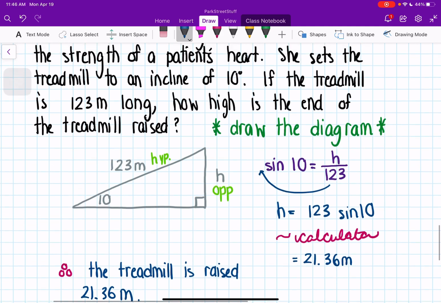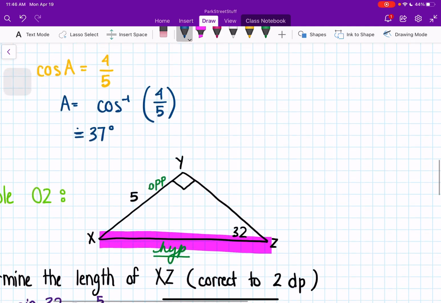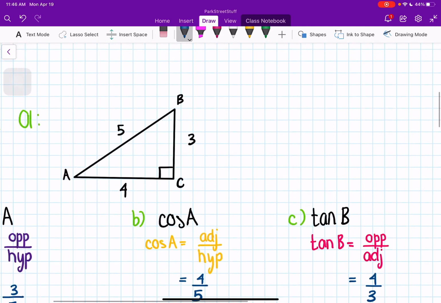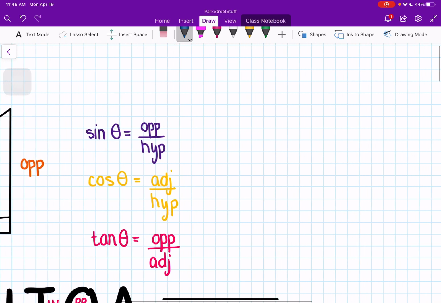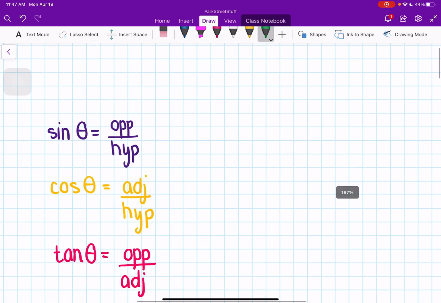So before I let you go, I actually want to take you back up here to our trig ratios. And I want to just show you what we call the reciprocal ratios. So our reciprocal trig ratios.